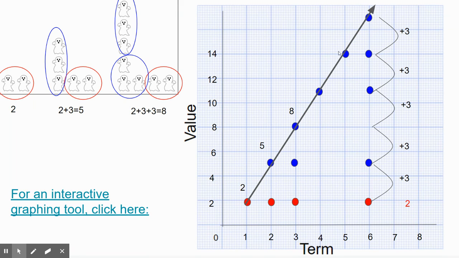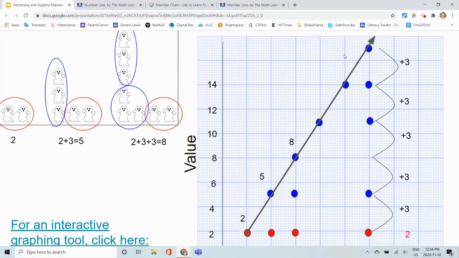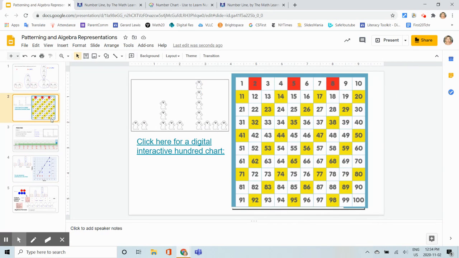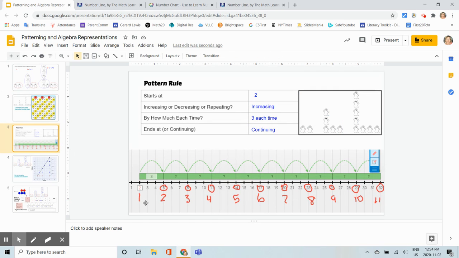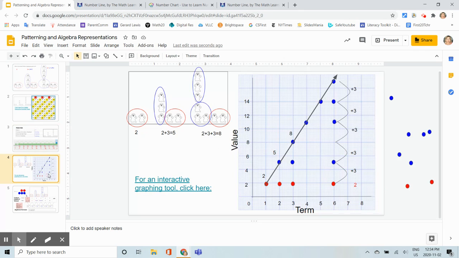Does that match? If I say term 5, would it have 14? Well, let's take a look at some of our other patterns. 1, 2, 3, 4, 5 has the number 14. So that does match up. This is another way to see what is happening at the pattern and to be able to use this tool to project and predict what numbers would be coming ahead.